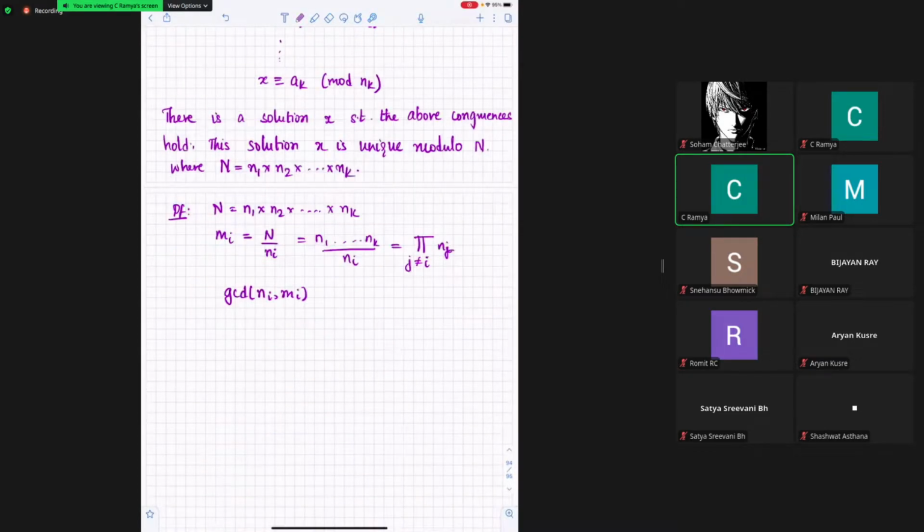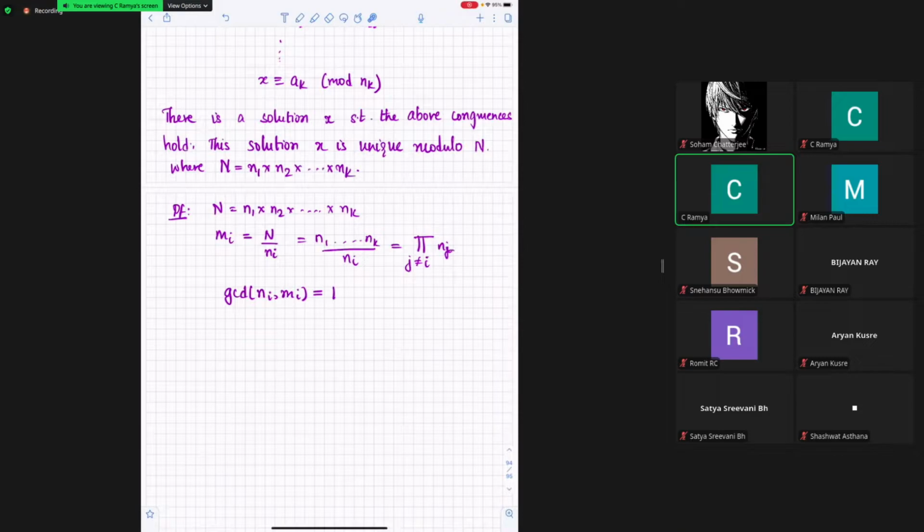So now I know the GCD of n1 and n2 is 1. So what can I say about the GCD of ni and Ni? It's 1. You can actually prove that because this product contains every other number that is relatively prime to ni, there cannot be common prime factors between this and this.